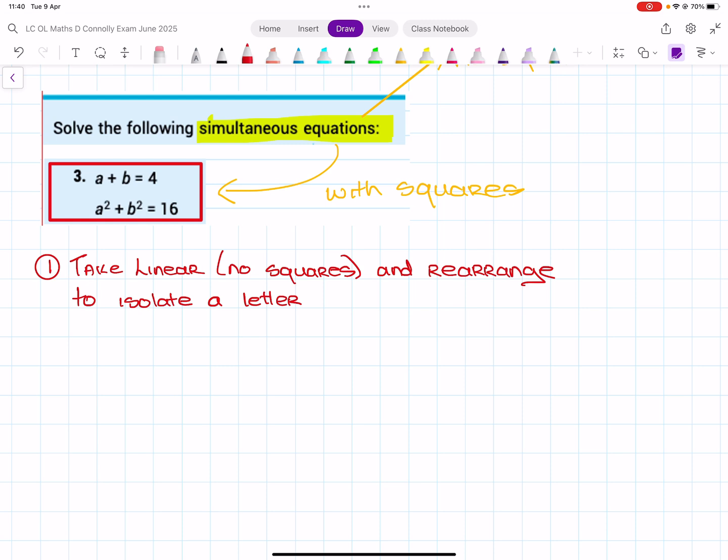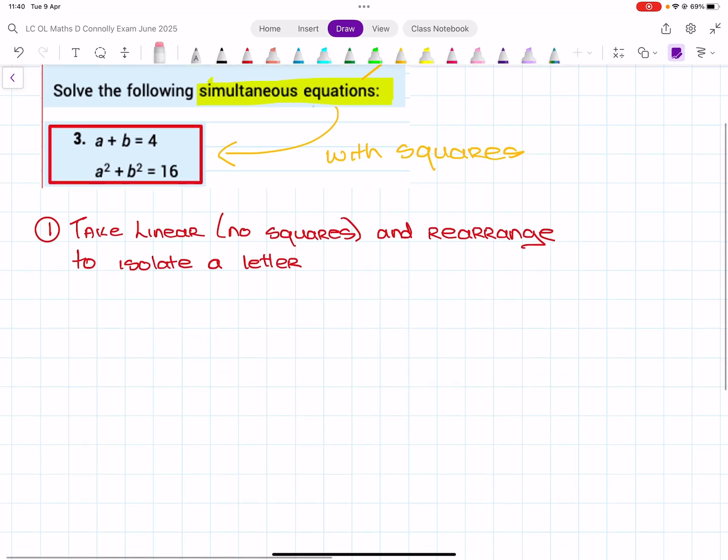In this case, both letters don't have a number in front of them. If this had been like, I don't know, 6a plus b equals 8, I would isolate b because it's already somewhat isolated, whereas the a has a 6 stuck onto it. So that makes it harder. But in this question, it doesn't matter because they're both somewhat isolated.